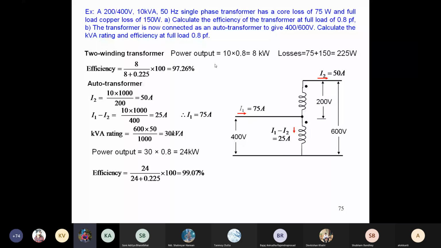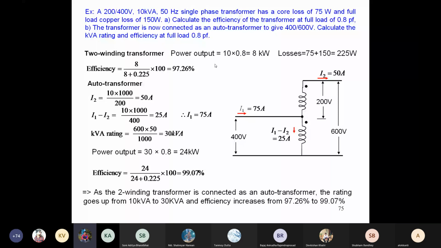Sir, when we convert this two-winding transformer to an auto transformer, we change the structure of the core to make it a single coil, right? So will the core losses remain the same? We will not change the structure of the core. Suppose there is already a two-winding transformer with two separate coils.